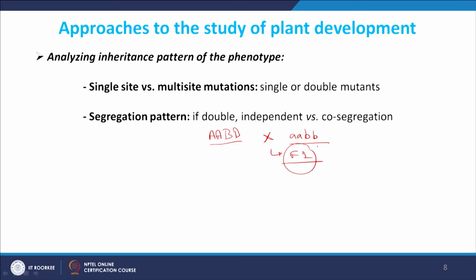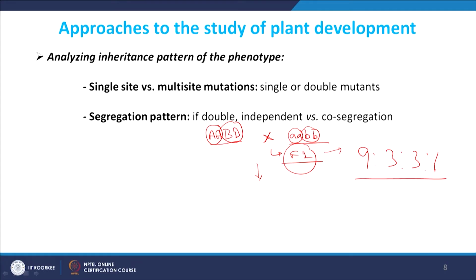If the segregation of both the loci is totally independent, and if the mutation is because of the disruption of both the loci, then you are expecting a typical 9:3:3:1 phenotypic ratio, which we always get when you make a Mendelian dihybrid cross.